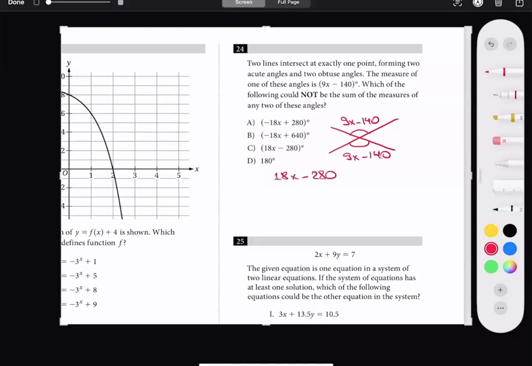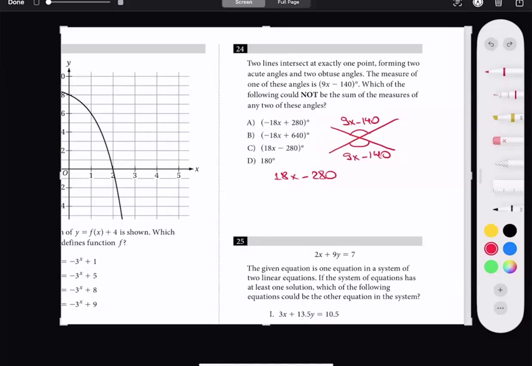Then we are trying to verify if here can be minus 18x plus 280. Do you agree? Wait, no, it'd be both of these angles, because it said could not be the sum of the measures of any two of these angles. So it'd be both of them. Yes. So you don't need to multiply by 2. It's multiplied already. Okay.